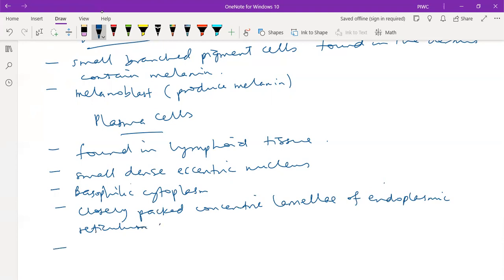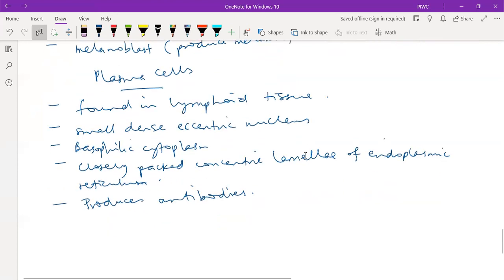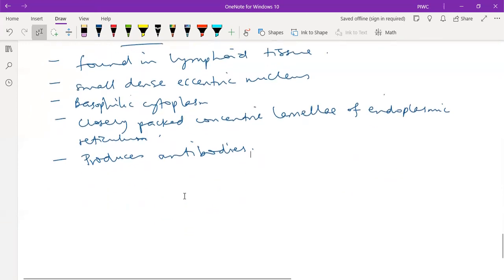The function of the plasma cells is essentially to produce antibodies. So they play a role in antibody production. And then the last type of cell that we'll look at are the blood cells in the connective tissue.